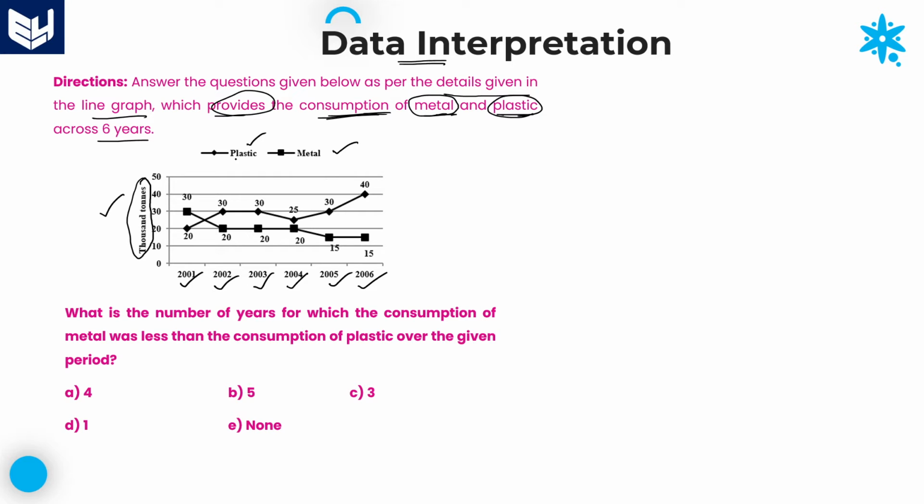Here, this square is indicating metal and this rhombus is indicating plastic. Likewise, we need to take the values according to this information. This is the complete data about this particular line graph. Now, based on this line graph information, we need to solve the questions.